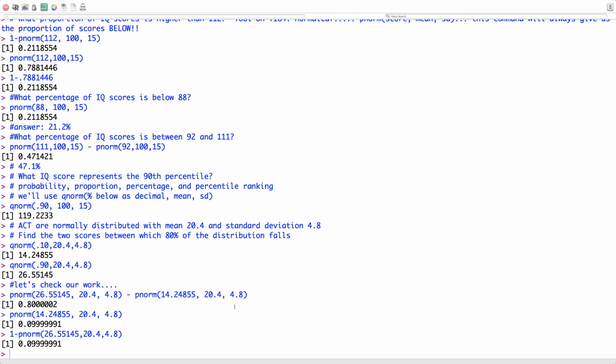All right, gang, let's go one more and then we'll be done. What proportion of scores from the standard normal distribution is between z equals 1.28 and z equals 1.50?